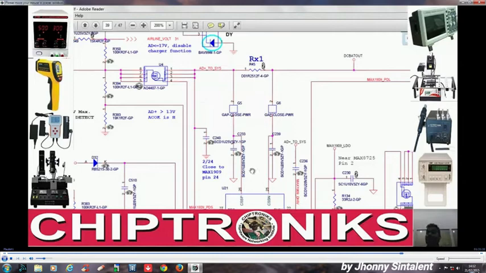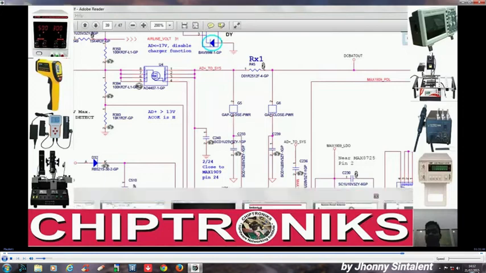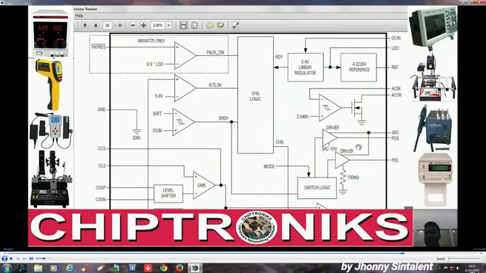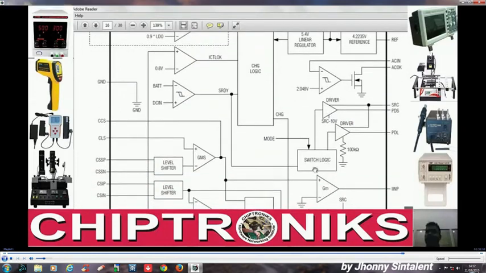And how does the charger IC know that? Charger IC knows that no adapter is present. And how does it generate PDS and PDL? We can see here in the data sheet. You see this PDS or PDL is coming from a switch logic, and this switch logic is controlled by an operational amplifier, an op-amp, or a comparator, which compares the voltages between DC in and battery.